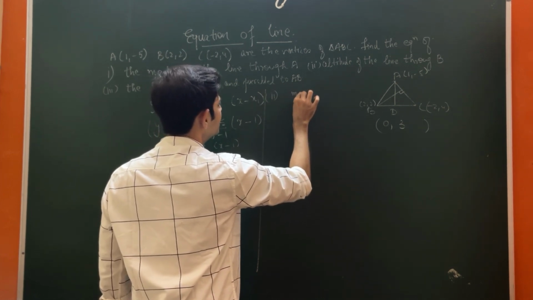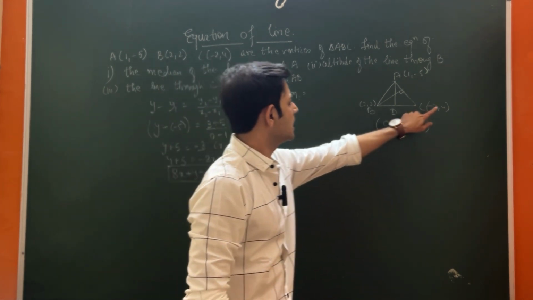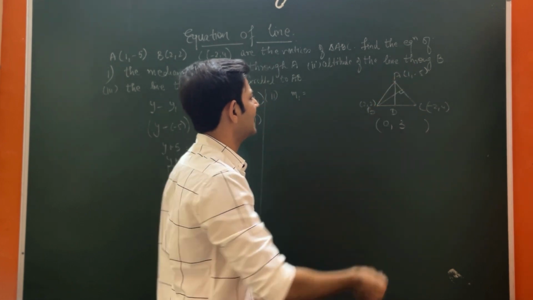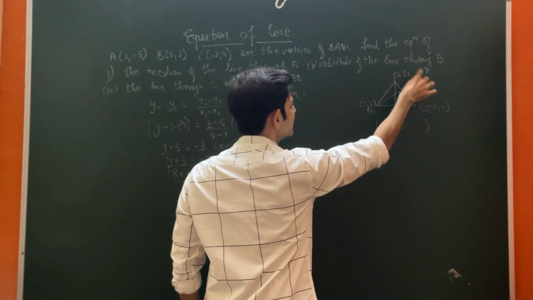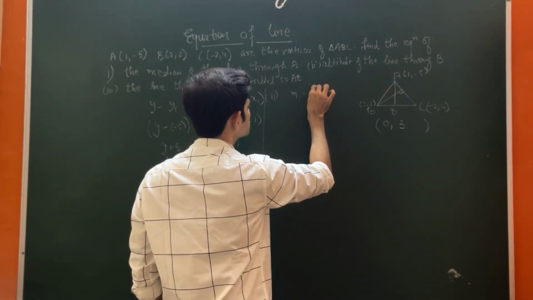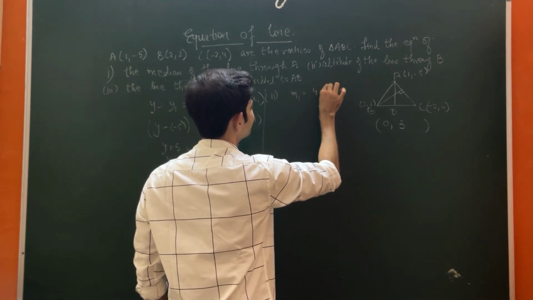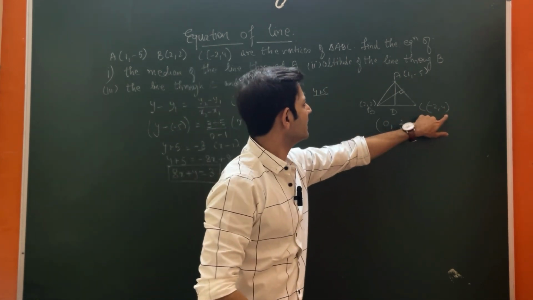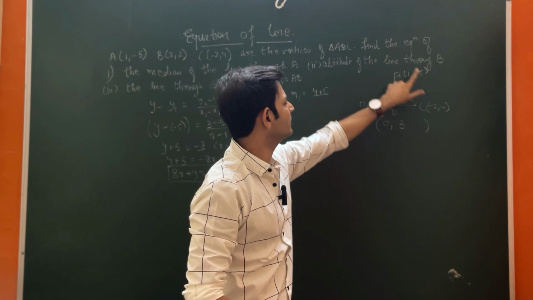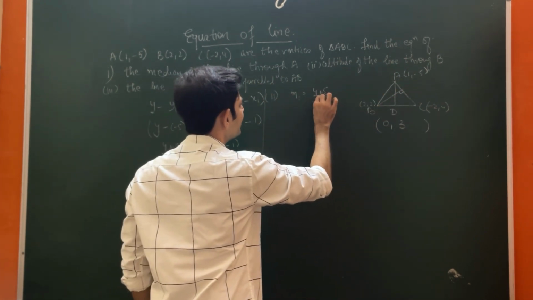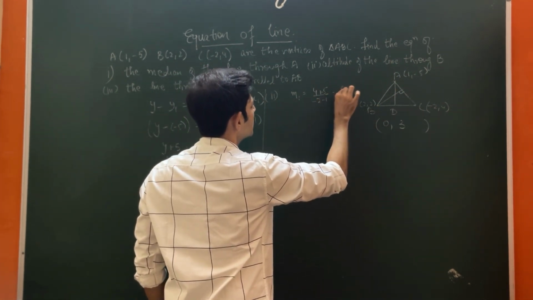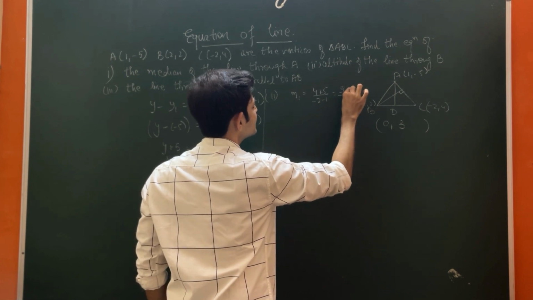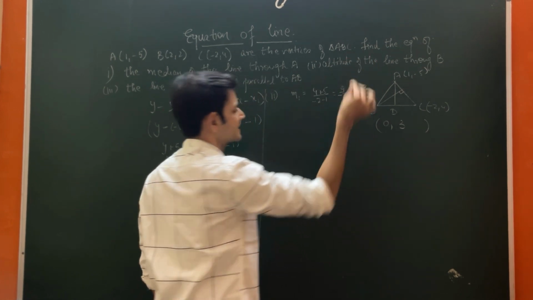So m1 will be equal to y2 minus y1, that is 4 minus of minus 5, that is equal to 4 plus 5. y2 minus y1 upon x2 minus x1. So minus 2 minus 1, which is 9 upon minus 3, which is equal to minus 3.